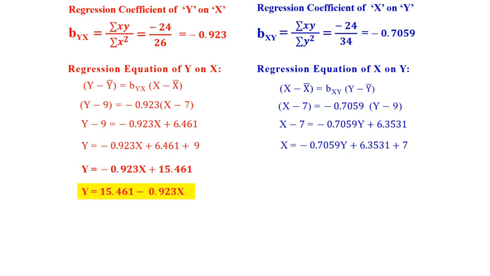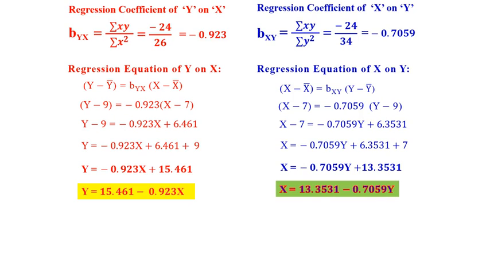So taking 7 to the RHS, it will be x equals minus 0.7059y plus 13.3531. Formally writing it as x equals a plus by, we can write it as x equals 13.3531 minus 0.7059y. This is the regression equation of x on y.